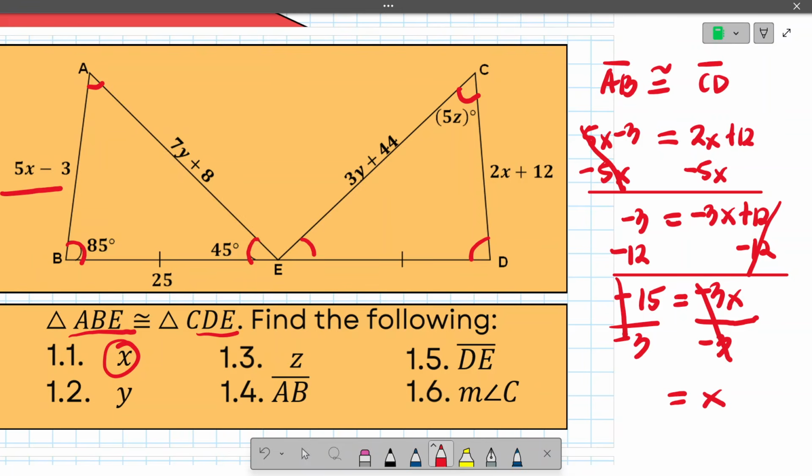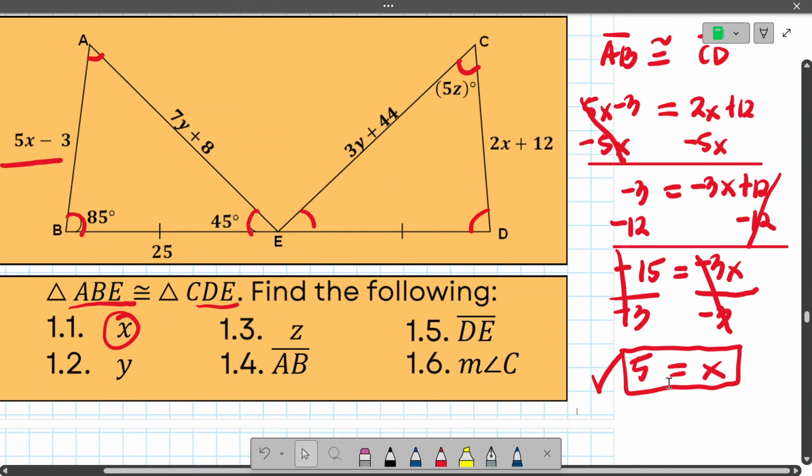Ma-cancel na ang negative. So 5 is our x. Oh, yeah, gets? Now, we have found that the x is 5.